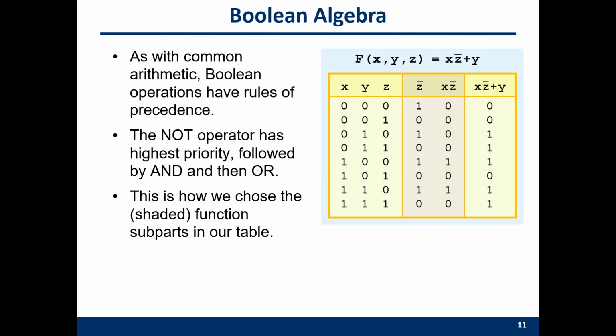And then we will compute this AND operation. The AND operation has second level priority. And then the last one is the OR operation. So when we do the analysis, we have a priority order here.